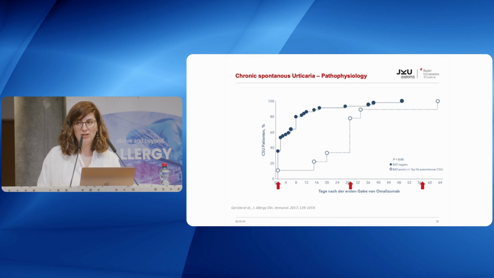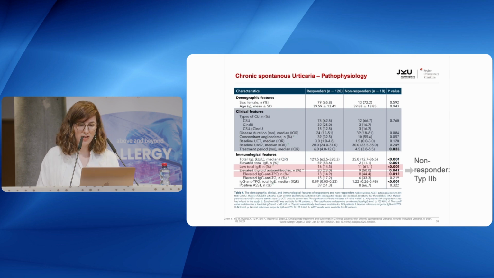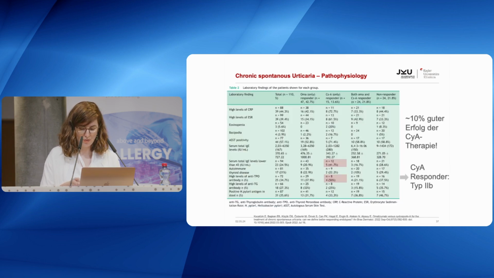So you can see this really has a direct impact on how they respond to the treatment. Furthermore, as I said, sometimes it happens that patients do not respond at all to the treatment with omalizumab. And when they looked at what is the difference between responders and non-responders, you could also see that non-responders have more features of type 2 patients, like low IgE and elevated IgG anti-TPO.